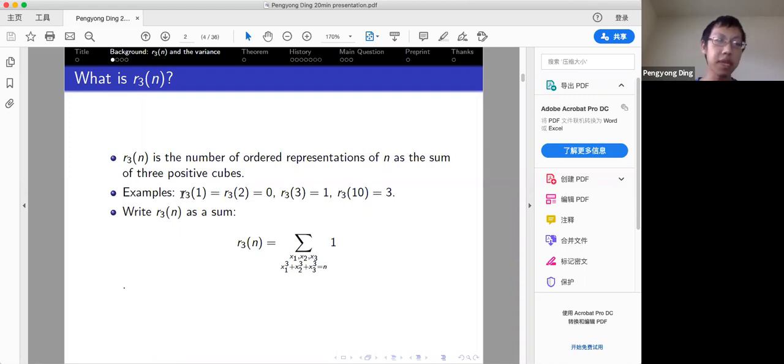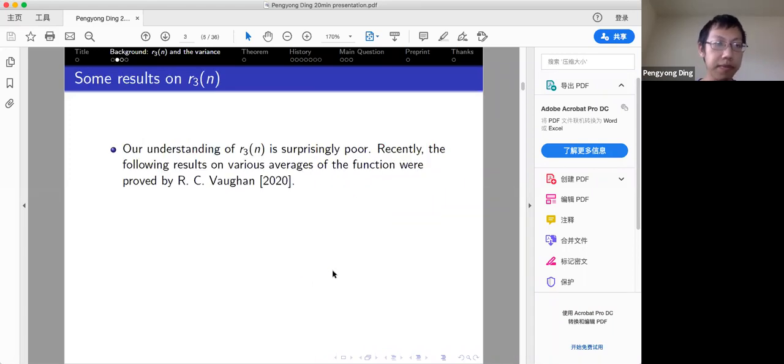We can also write the function R3 of n as a formula, which is the sum of 1 over all s1, s2, s3 such that s1 cubed plus s2 cubed plus s3 cubed equals n. Our understanding of the function is surprisingly poor. Recently, several results were proved by Robert Wang, and his paper is going to be published this year.